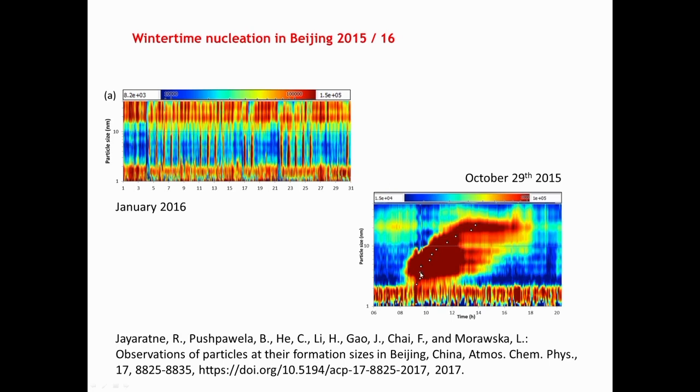Now, what happens is, this is quite complex, but if you suppress the amount of bigger particles that are available to condense your vapours, it means that there's more left to form the new particles and to grow the smaller particles.